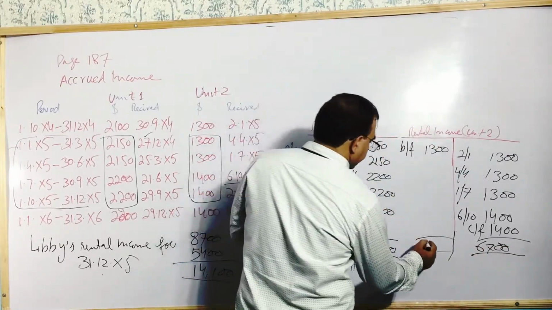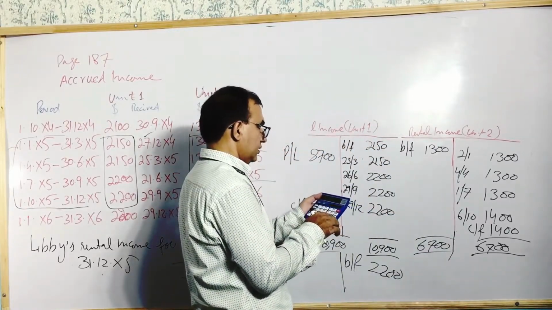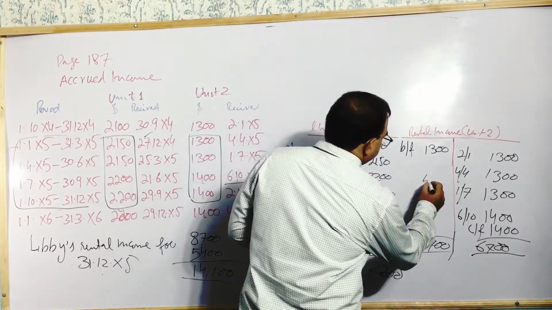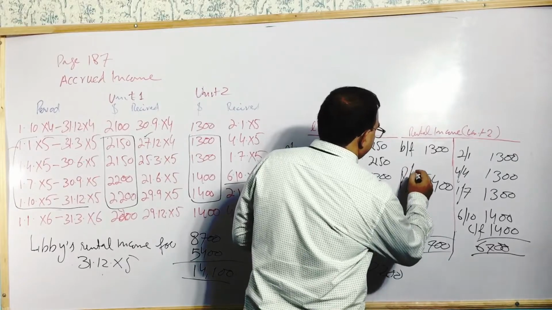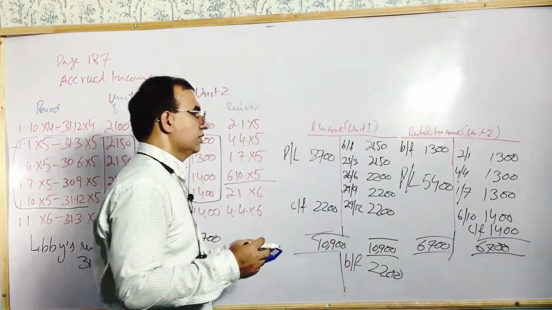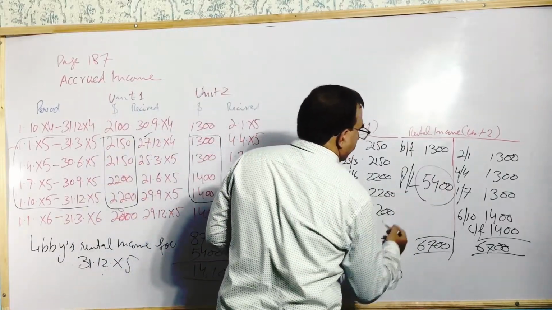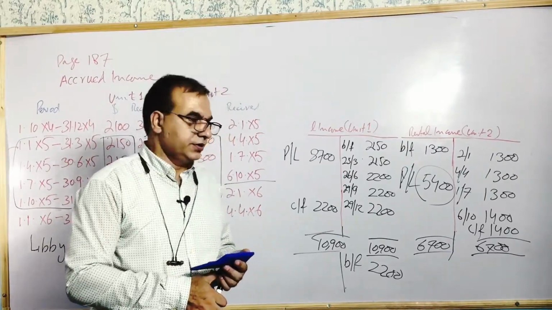Here 6700 less that opening balance, less 1300, 5400. 5400 is income from unit 2 for the period, for the year. Okay, and but we still have that 1400 receivable.